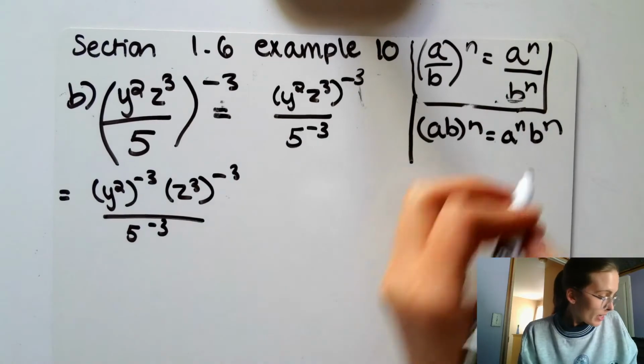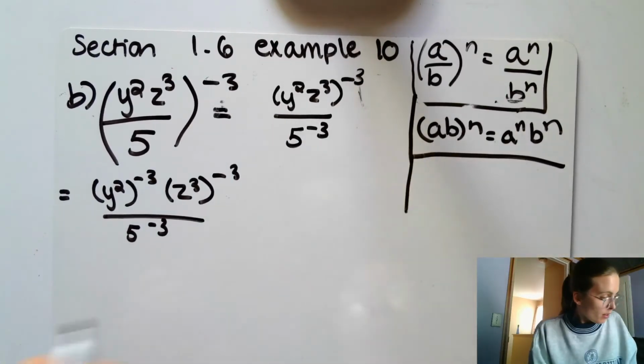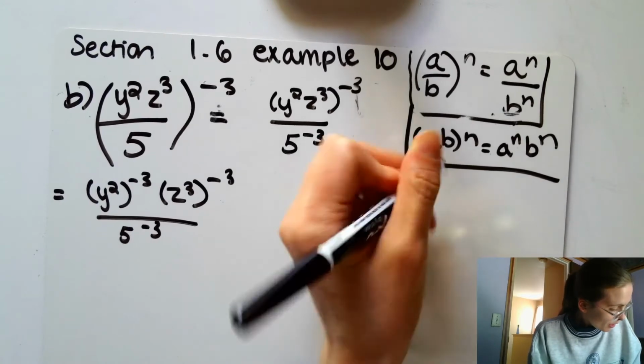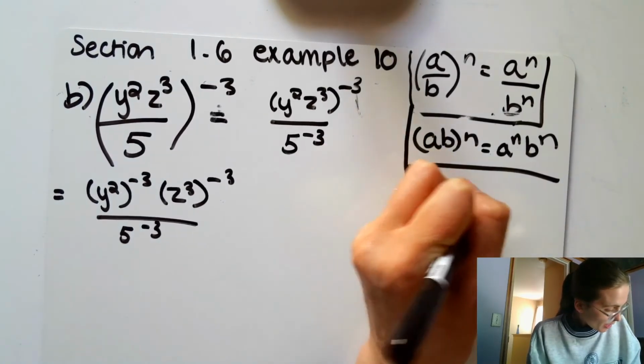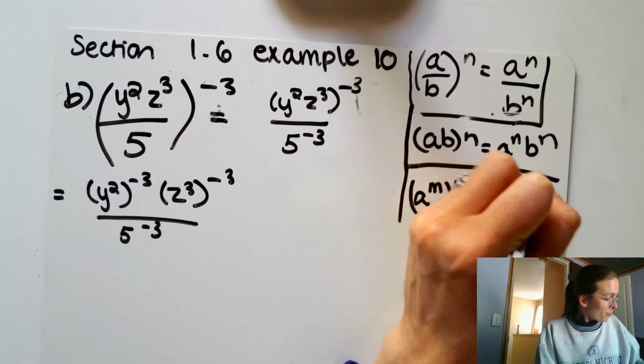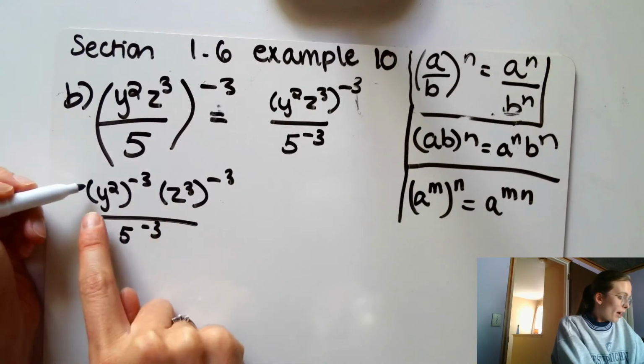Now the next rule we need to use is, as we used last time too, a to the m, the nth power, equals a to the m times n. We'll use this for both y and z.